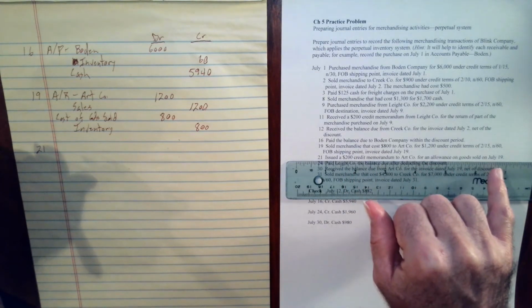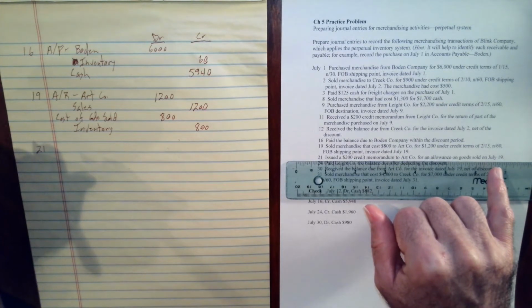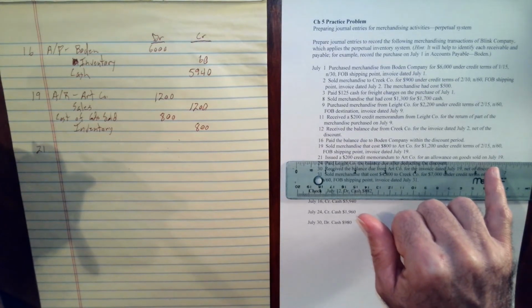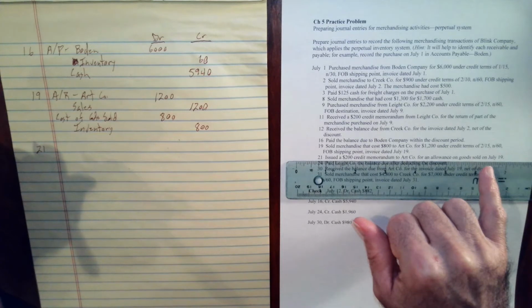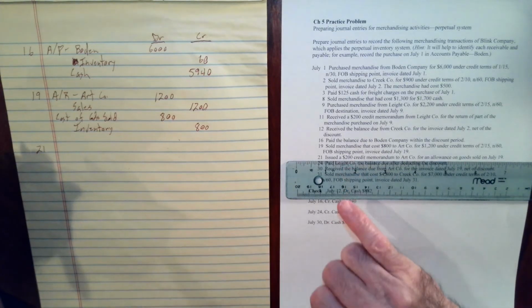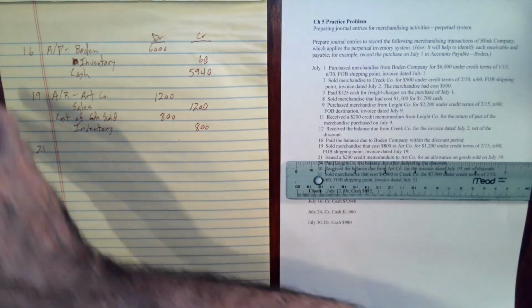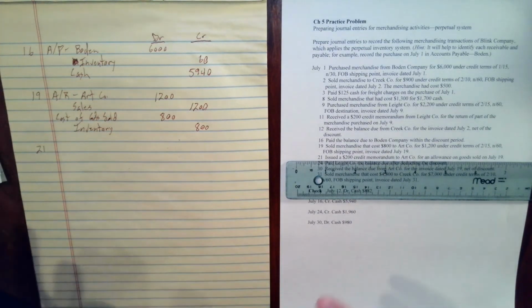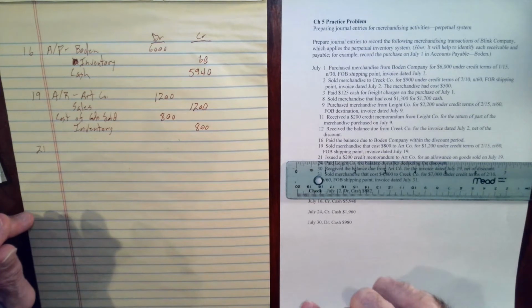No. Nothing got returned. So we're simply giving them an allowance. They're saying, you know, we're sorry that the order wasn't exactly what you expected it to be, so we're going to give you a little money back. Okay, so it could be the wrong color, could have had a dent on it, something might have been not 100% perfect, not a biggie.